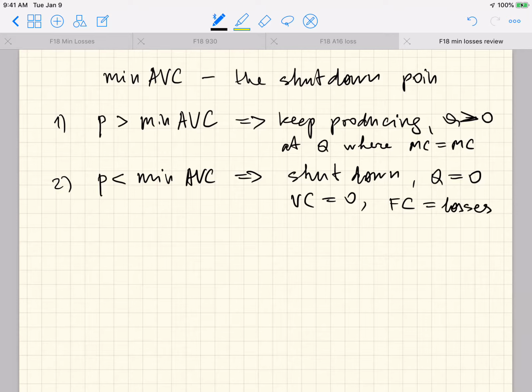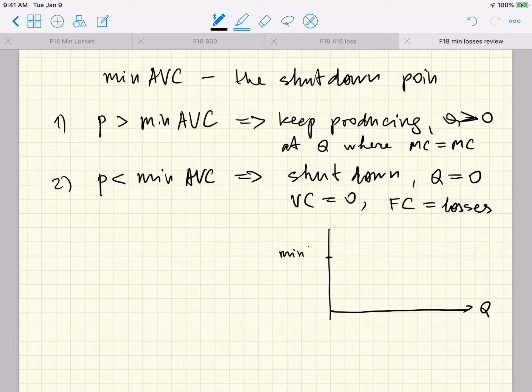All right, so if we draw a diagram, this is quantity, and basically that's like the diagram where we can put cost curves, but I won't put them here. I will just show you basically the two main points that are important here.